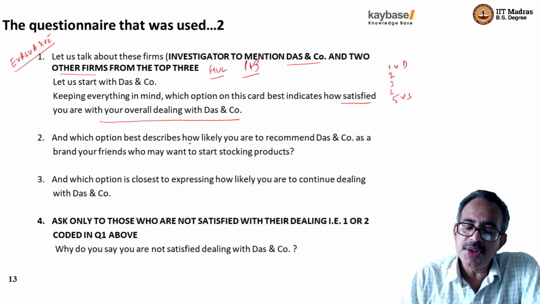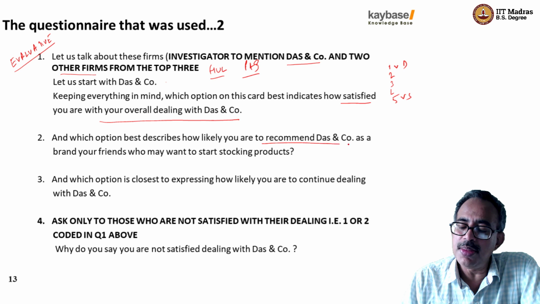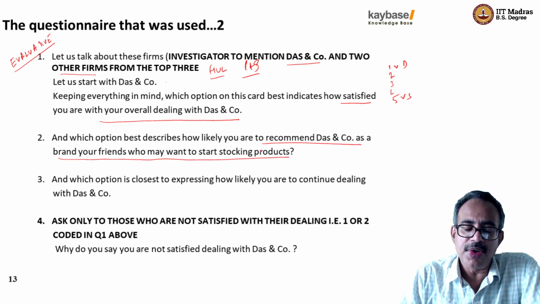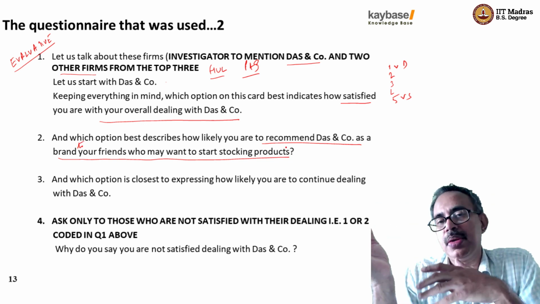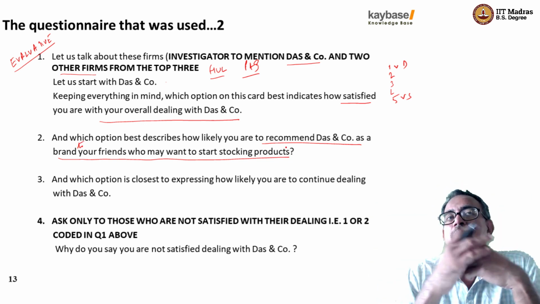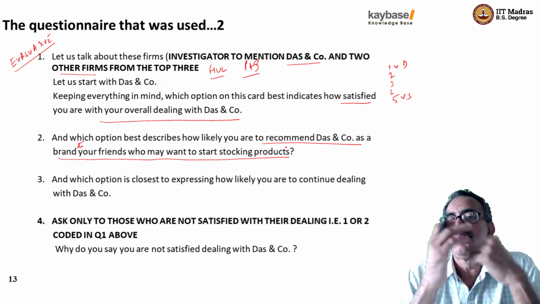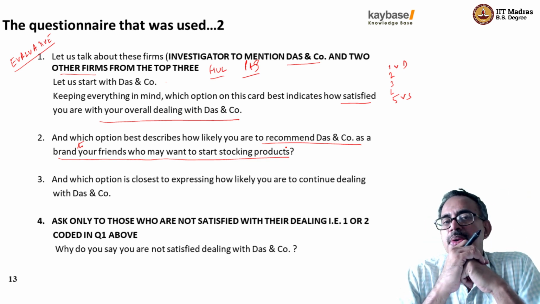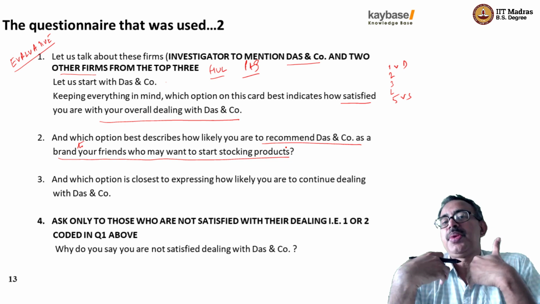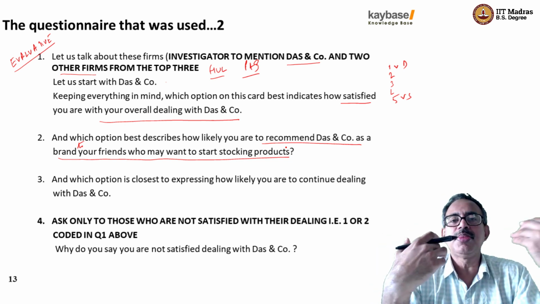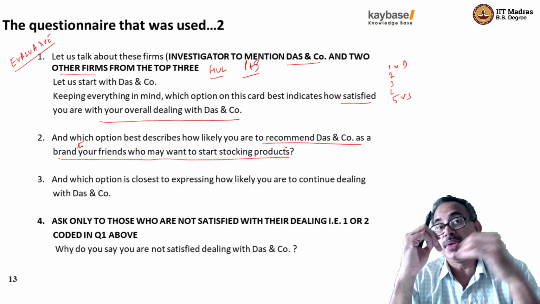And which option best describes how likely you are to recommend DAS & Co as a brand to friends who may want to deal? So if there's somebody in your circle, a friend or relative, who's also thinking of setting up a shop or thinking of what kind of brands to stock, based on your experience with DAS & Co, will you recommend to him, saying, hey, deal with DAS & Co. It's a good product.